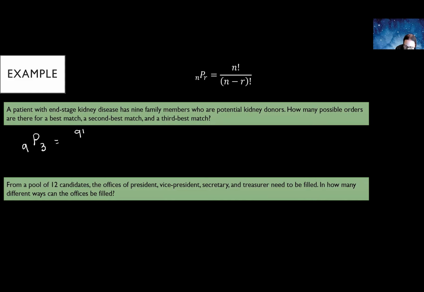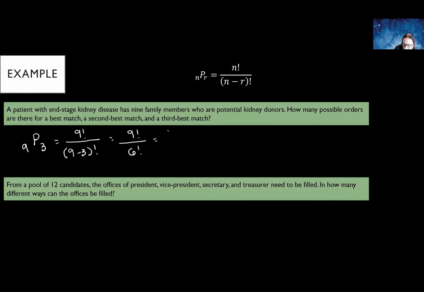So our 9 factorial on top, then we have 9 minus 3 factorial. So it's going to be 9 factorial over 6 factorial. And with small numbers like this, you can even cancel it out.